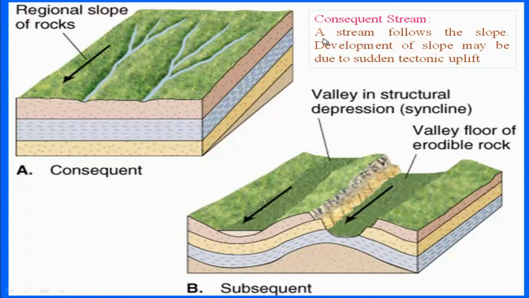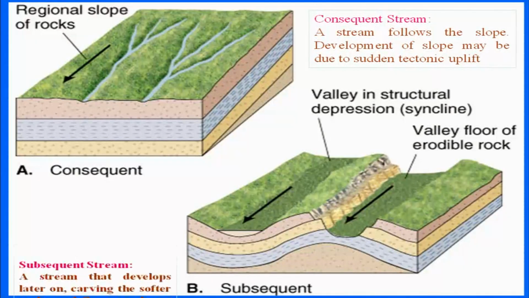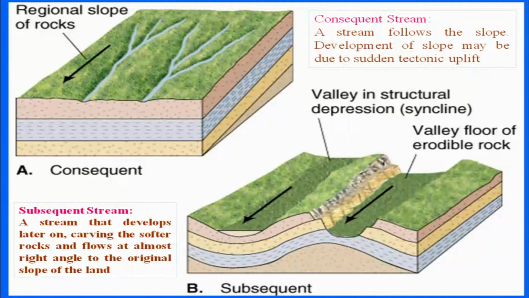So the stream follows the slope. The development of slope could be because of the sudden uplift. Then comes the subsequent stream. Subsequent streams develop later on, carving the softer rocks and flow at almost right angle to the original slope of the land.